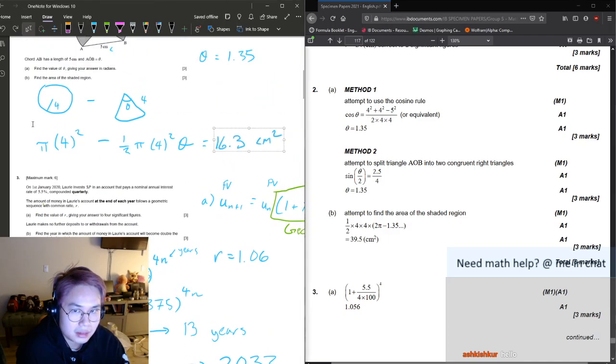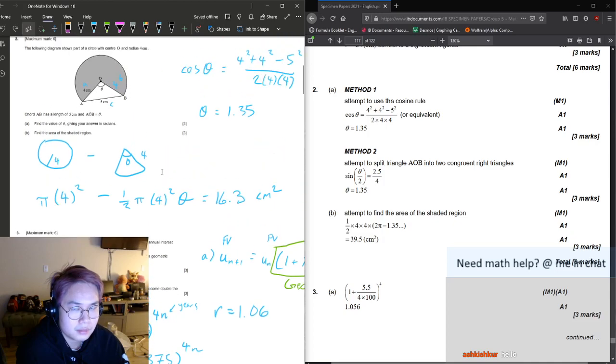Pi r squared for the area of a circle. And then half pi. Okay, my math is right, so I must have put this into the calculator wrong, because this is exactly equivalent to this. Oh well, calculator mistake. I only lose 1 mark for that, if that's the case.